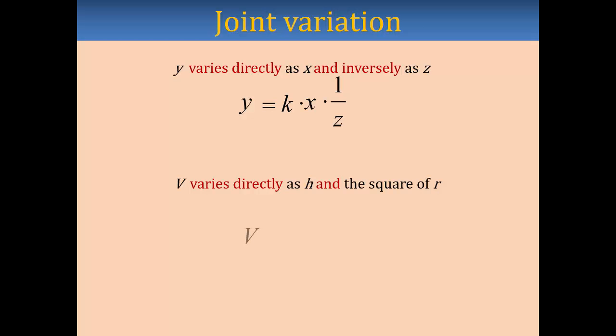V varies directly times H, and notice there's no inverse in this one, R squared. Only put 1 over if it says inverse.